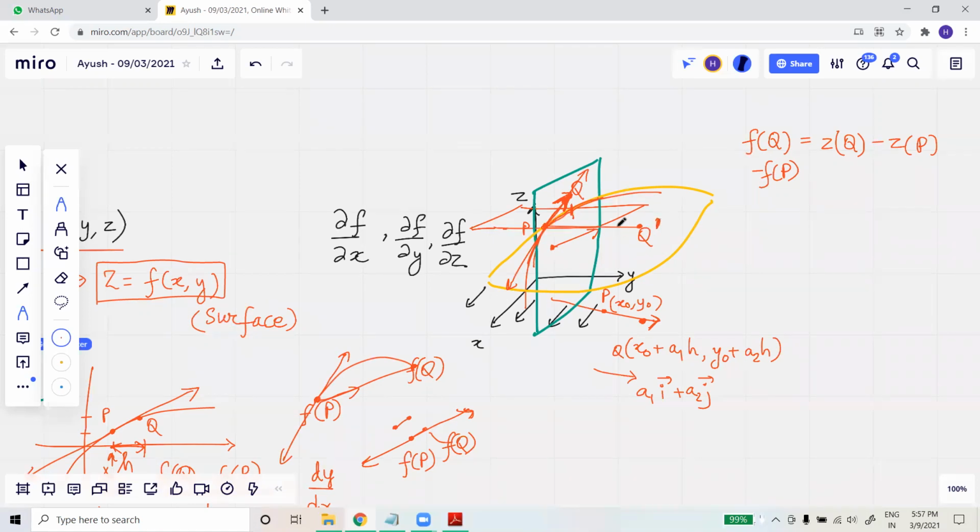So the derivative in some other direction may be different, because z of q dash may not be the same as z of q. The difference between the z coordinates here and the difference between the z coordinates here may be different. So the derivative in this direction and in that direction may be different.